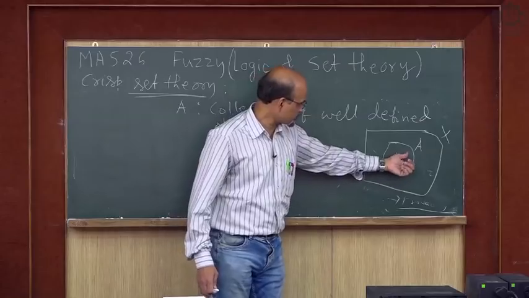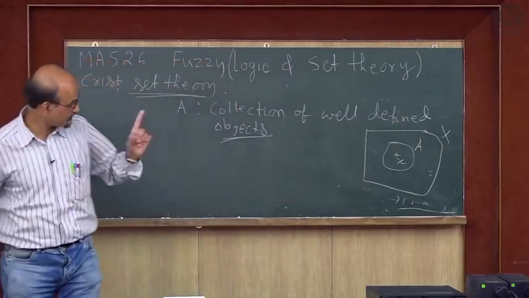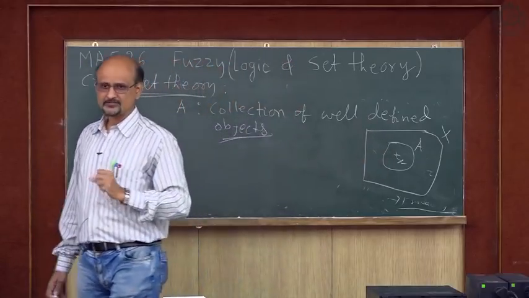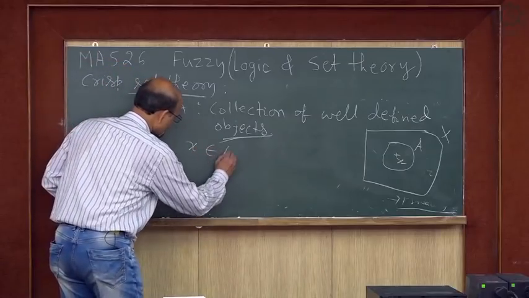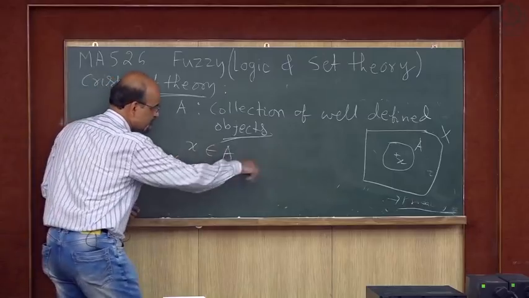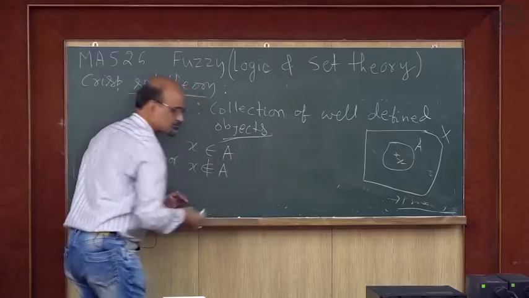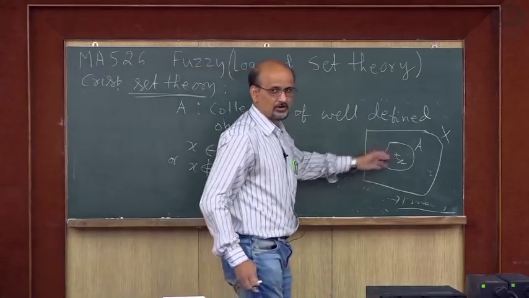So x belongs to A, which is in universal set X. Now in crisp set theory, we write x belongs to A, or if x is outside, then x does not belong to A.